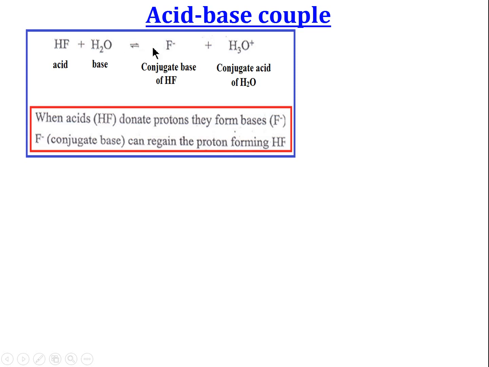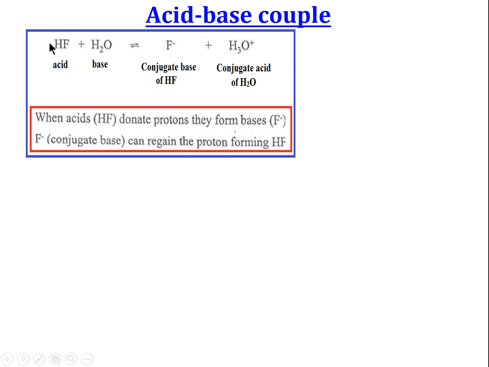And since this reaction is in two directions, we can say F-, which is the base, accepts H+ to give HF, or the acid H3O+ releases H+ to F- and is transformed to H2O.